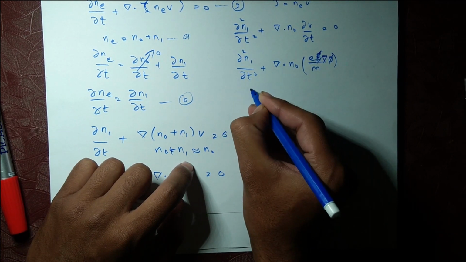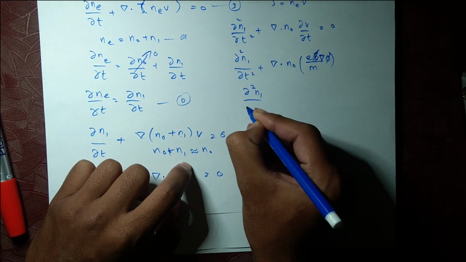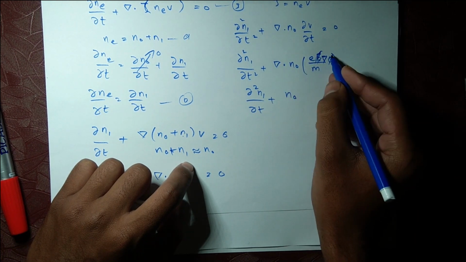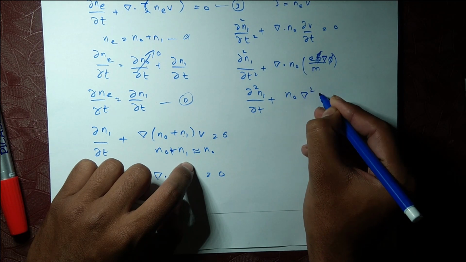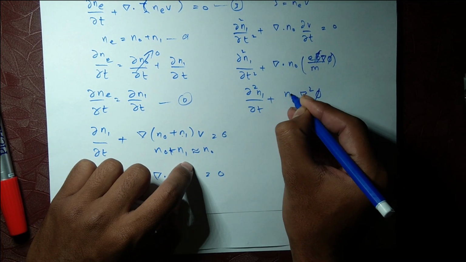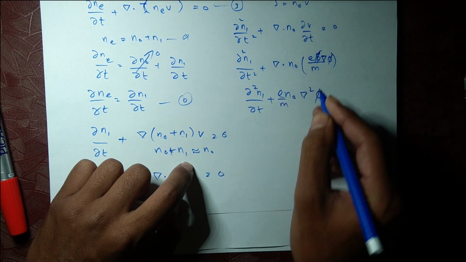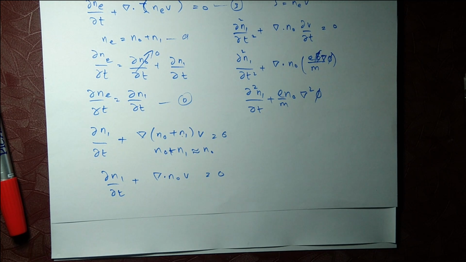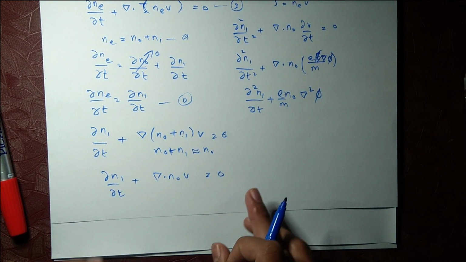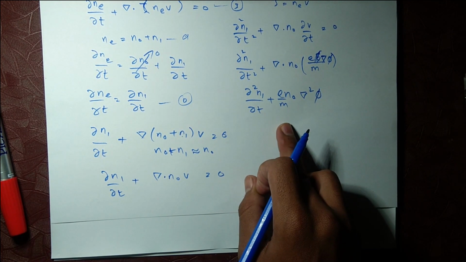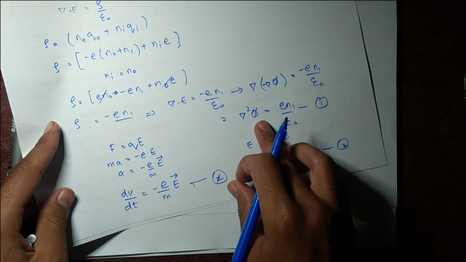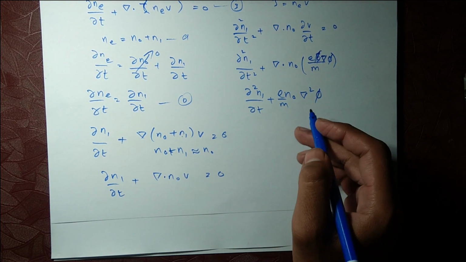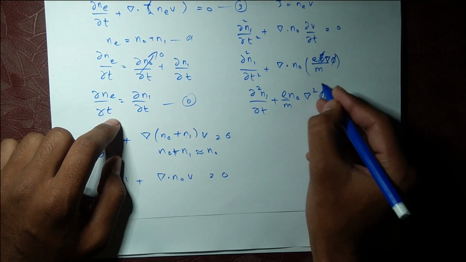So we have del square n1 over del t square plus n naught and del square of phi into e over m. Solving this equation, we already described the value for del square phi, which is e n1 over epsilon naught, equation number 1. So from equation number 1 we are going to put the value of del square of phi.